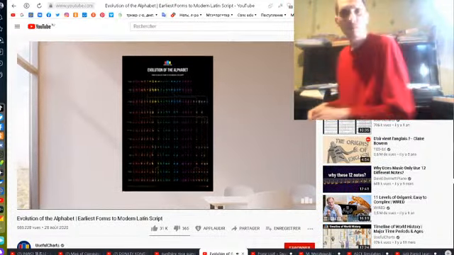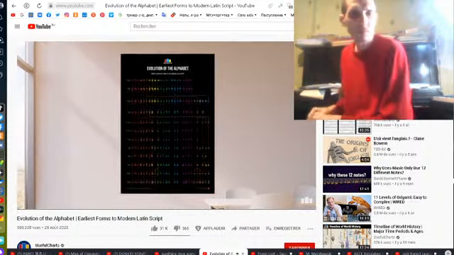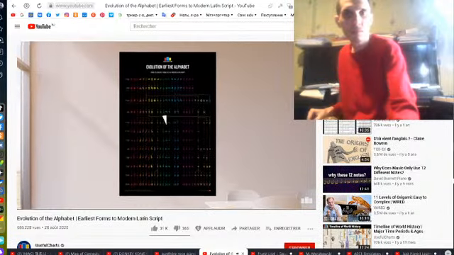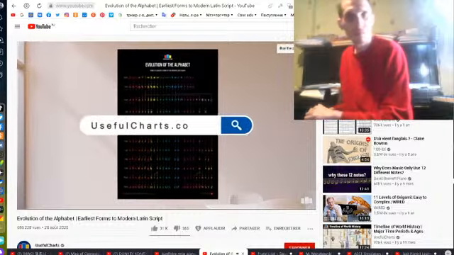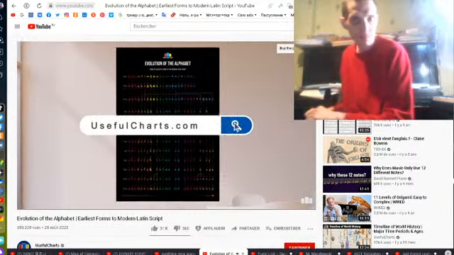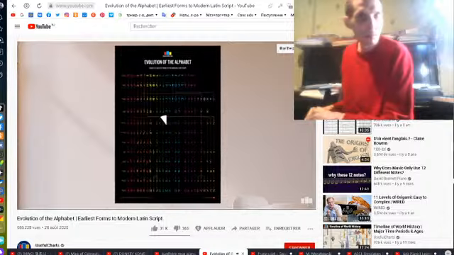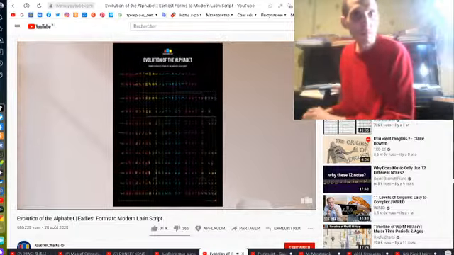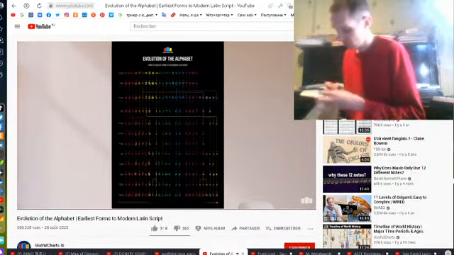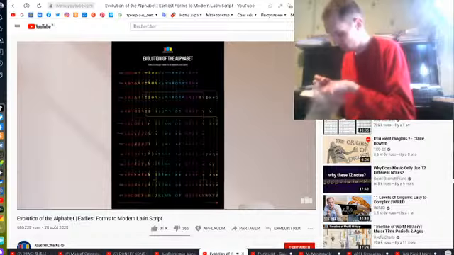I'll be using my recently updated Evolution of the Alphabet chart, which is available as a poster from my website usefulcharts.com. I'll be starting by giving you a general overview of the various stages that the alphabet has gone through, and then I'll be taking a look at several of the individual letters, one by one.